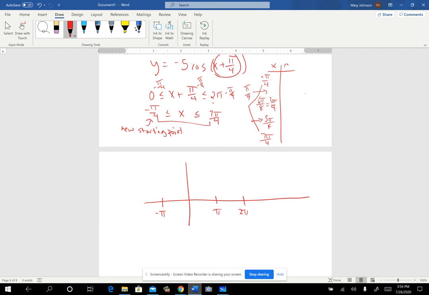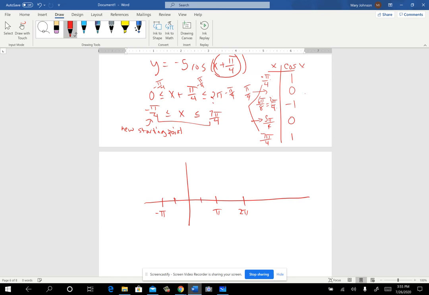If I looked at cosine of x, it's going to do what cosine would have done if there'd been no phase shift. Cosine, remember, is the one that starts at 1, goes to 0, goes to -1, goes back to 0, and then goes back to 1. And so things that typically happen are just going to be shifted to the left a little bit.